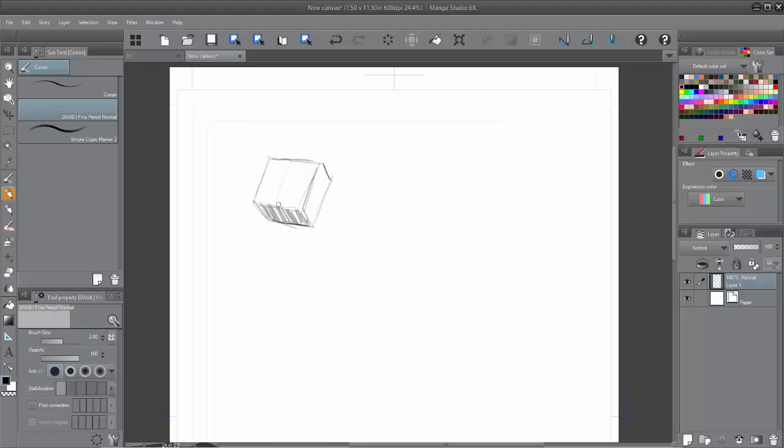Okay, and then I'm going to do another box for the hips.